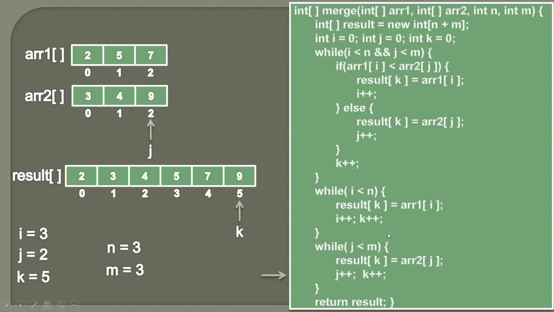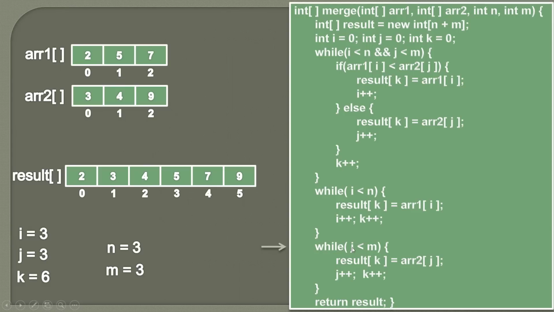At the last step of this while loop, we are incrementing j by 1 and k by 1 because we have migrated value 9 into the result array. So j becomes 3, which means j has crossed the boundary of array 2, and we also increment k by 1, so k becomes 6, which means k has traversed the result array completely, filling each and every position.